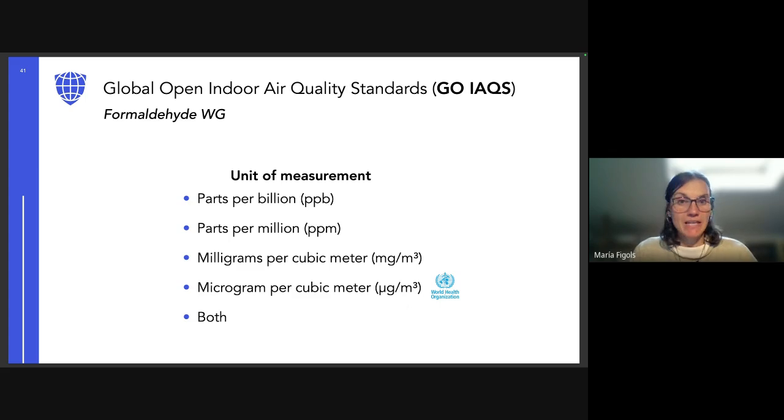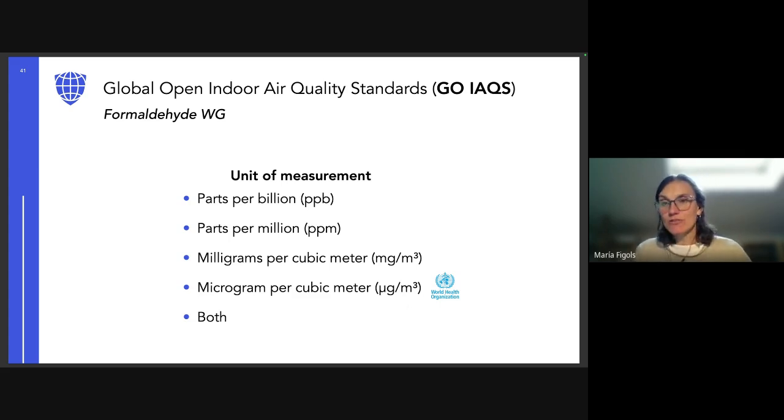But whatever is easier to understand, and it really needs to be easy to understand for people and of course technicians working on indoor quality, but at the same time for manufacturers or platform designers to have that information easy to check and validate. So for us, both of them work.